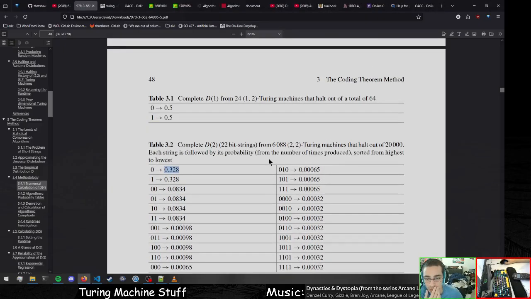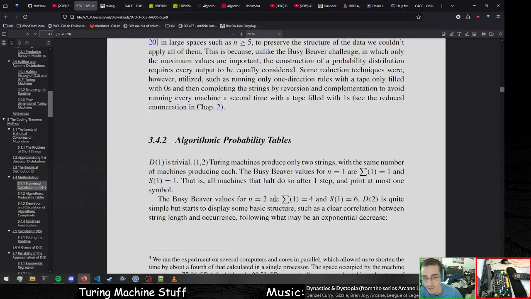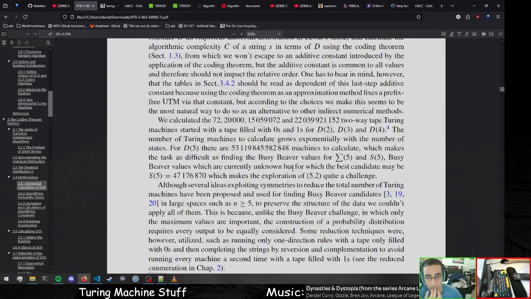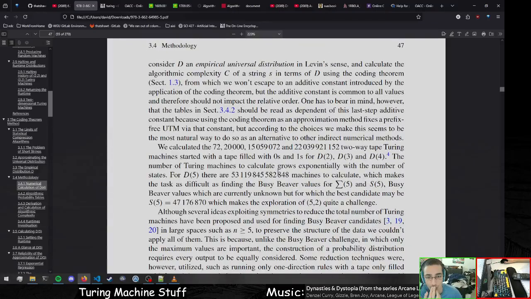But it's either that my implementation is wrong or I misunderstand how they implemented it, apparently. Let me read a little. This number.